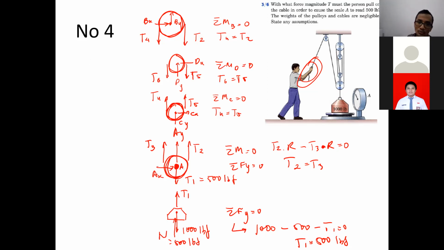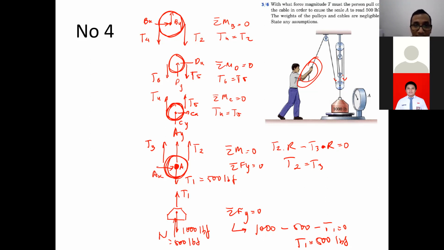Now let's try to solve everything. This one here, we are connecting to 1, 2. We know T2 is equal to T3. Then after that, T2 is equal to T4.